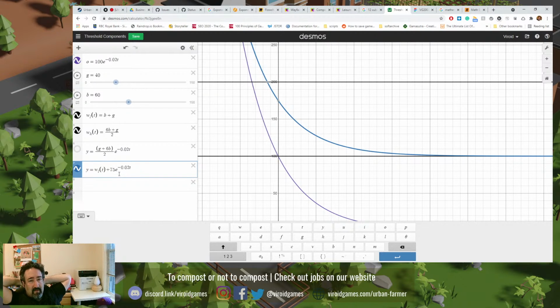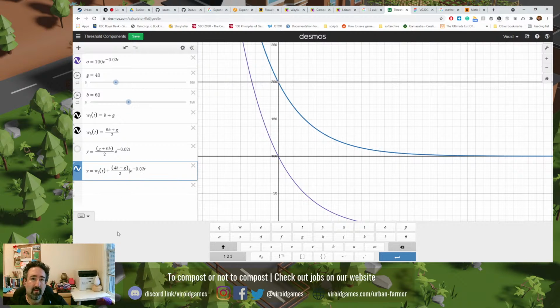But it makes sense that if you are starting at a higher value, it's going to take longer to get to this number here. Yeah, like this. This is just a high number by virtue of working out the bit.